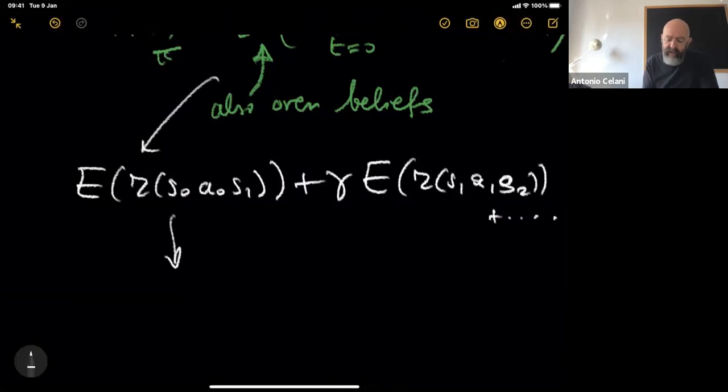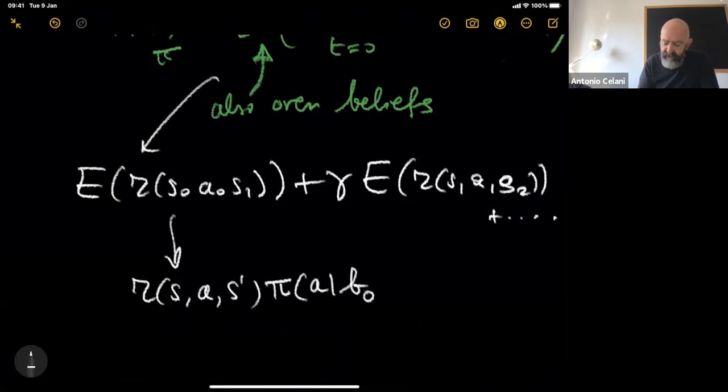So how do I construct this average? First of all, remember that there's some stochasticity in the process itself. What this object means is that I have a state, an action, and a new state. And how do I go from one to another? Well, I have my policy A, which depends on my initial belief, and this is the first part where the belief appears.